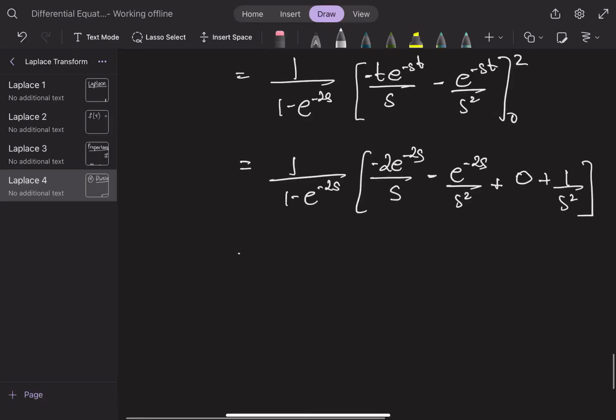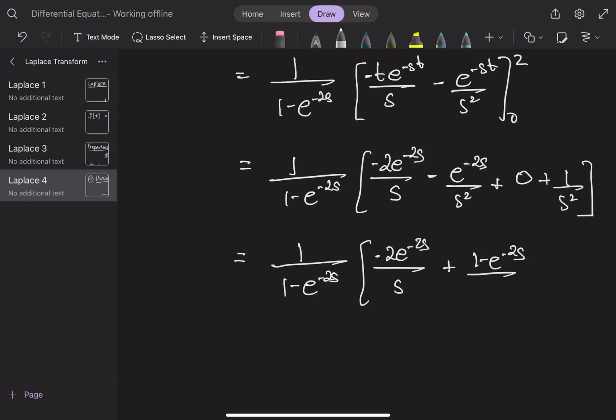So this is your answer. You can simplify it if you want, or you can just leave it here. You can write this as minus 2 e raised to minus 2s divided by s plus 1 minus e raised to minus 2s divided by s square. This is the answer.